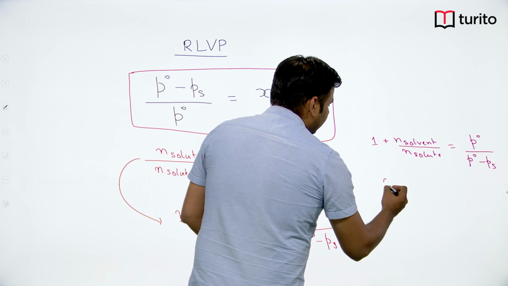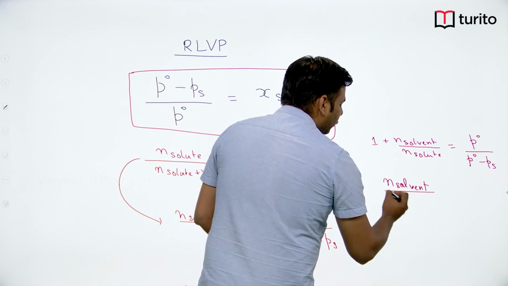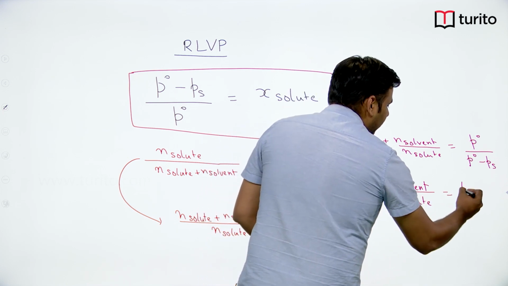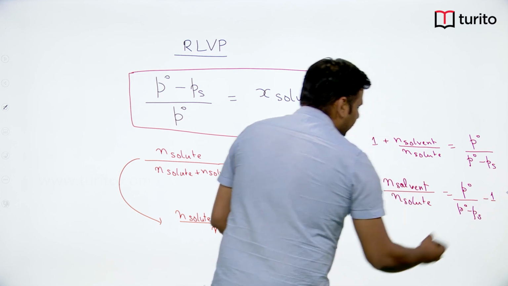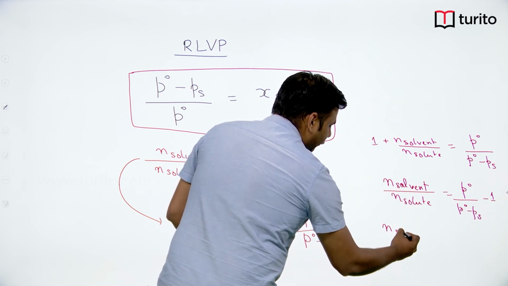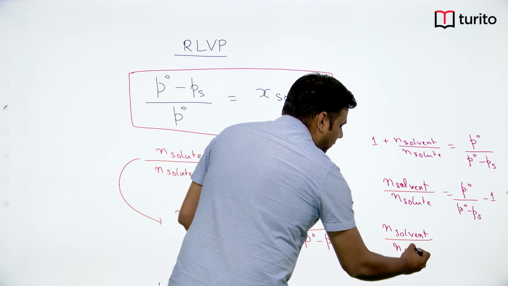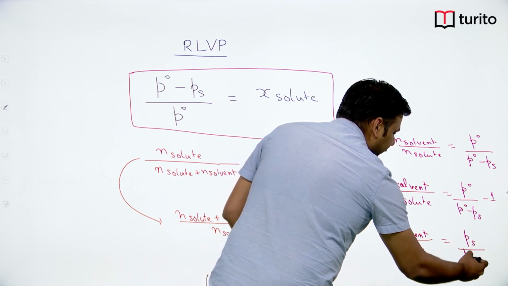So we can write this as number of moles of solvent upon number of moles of solute as P naught upon P naught minus Ps minus 1. So when you solve this, number of moles of solvent upon number of moles of solute is equal to Ps upon P naught minus Ps.